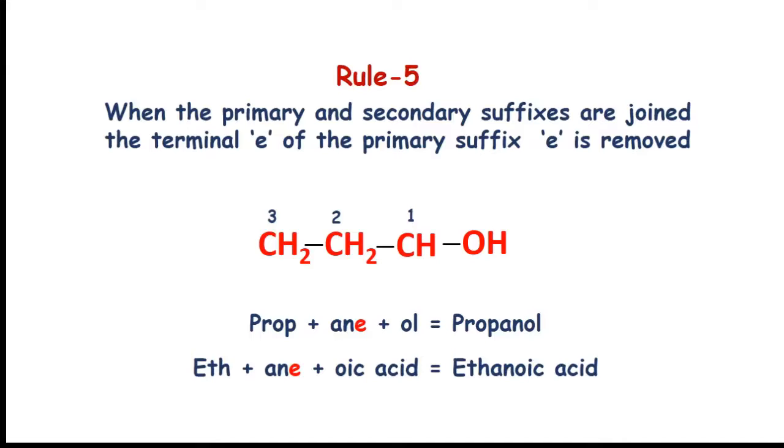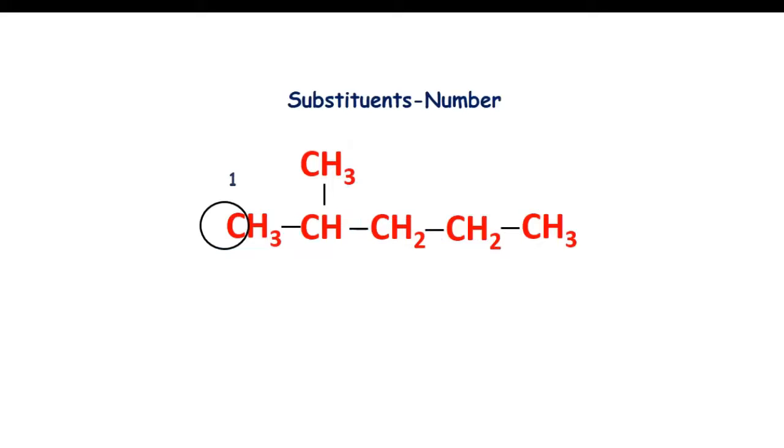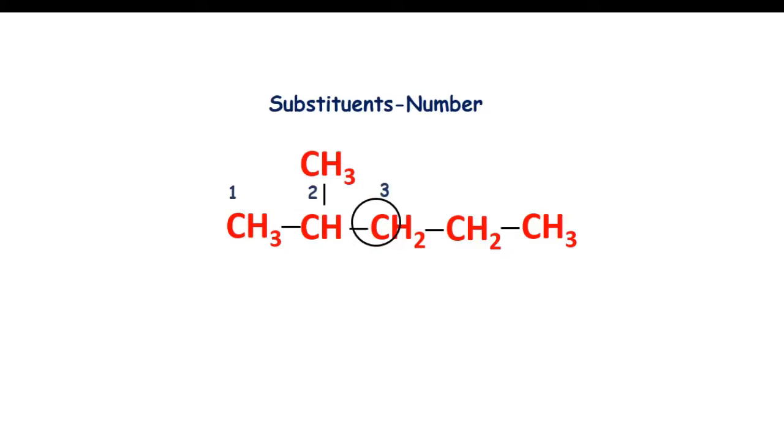When the primary and secondary suffixes are joined, the terminal E of the primary suffix is removed. Rule number 6. Identify the substituent and use a number followed by a dash and a prefix to specify its location and identity.